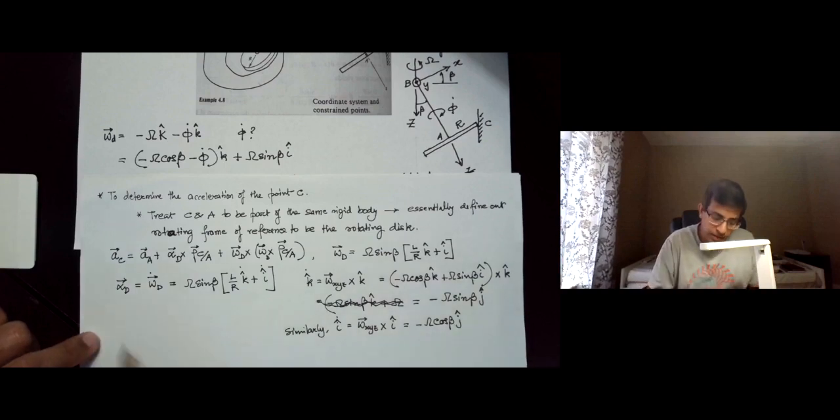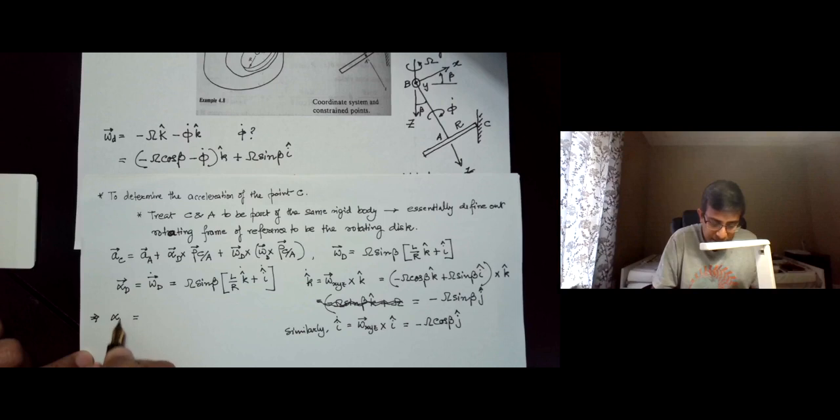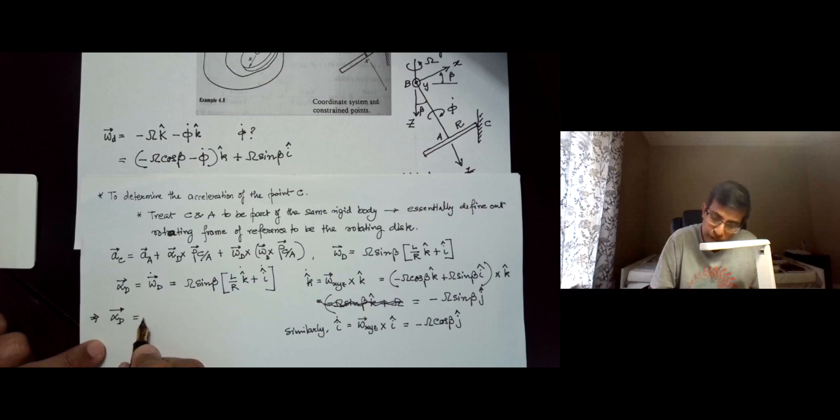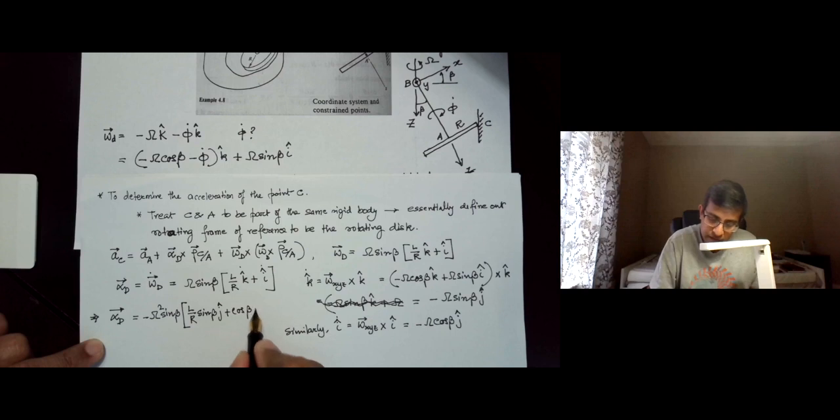And so we can plug this in here, and what we will get is that the angular acceleration of the disk is given by minus omega squared sine beta times L over R sine beta j plus cosine beta j.